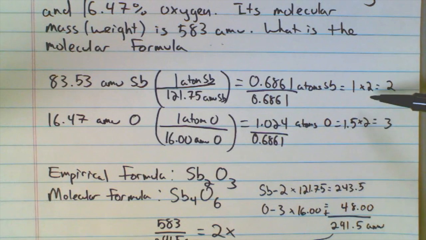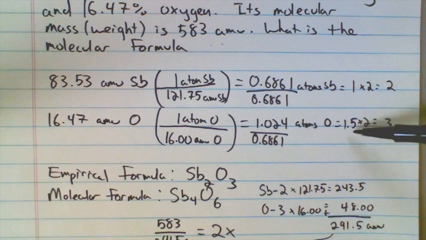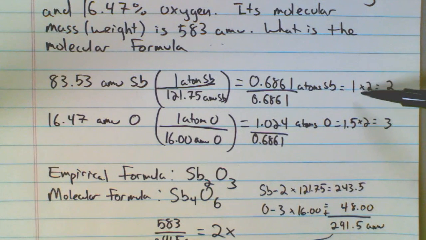I got 1 atom of oxygen compared to 0.667 of Sb. Then you multiply it all by 3, and that still gave you the numbers 2 and 3. Yeah, I guess that should work.